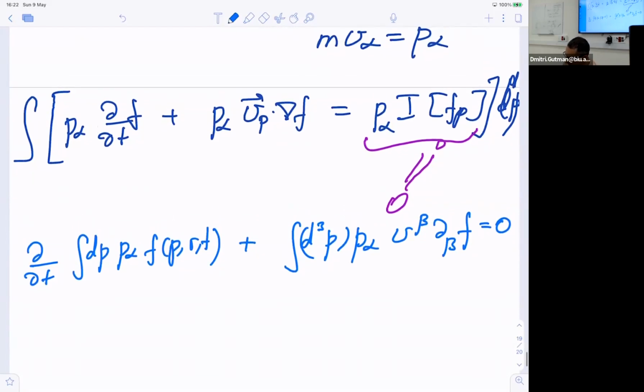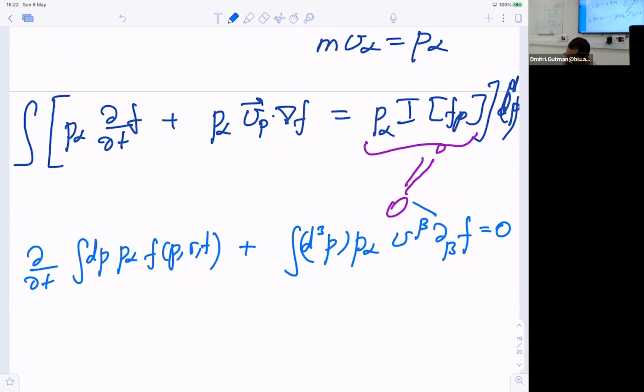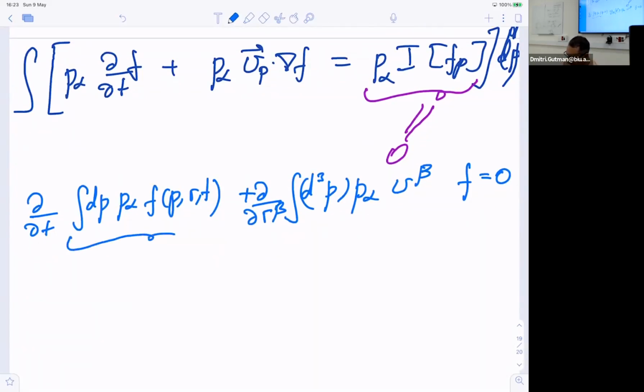And I can take this derivative out and write it as d over d r beta. Now the first term on the left is something that we already know.